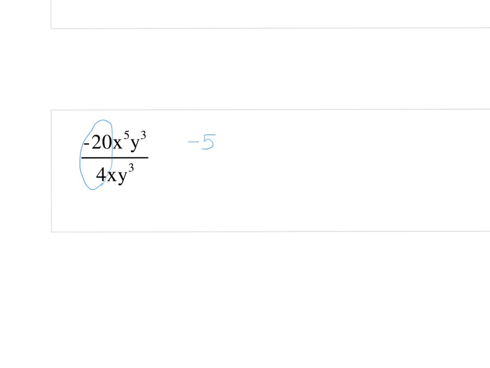If I look at my x variables, I have x to the fifth over x to the first, which will give me x to the fourth. And then if I look at my y variables, I have y to the third over y to the third, which is the exact same thing in the numerator and the denominator. We're just going to cancel each other out. So my final answer would be -5 x to the fourth.